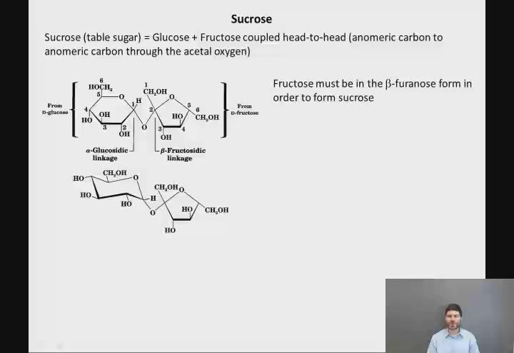it is a ketose. Now, what you should notice immediately from looking at these structures is glucose is in its ordinary pyranose form, but fructose is in the furanose form. And specifically, fructose has to be in the beta-furanose form in order to form sucrose.